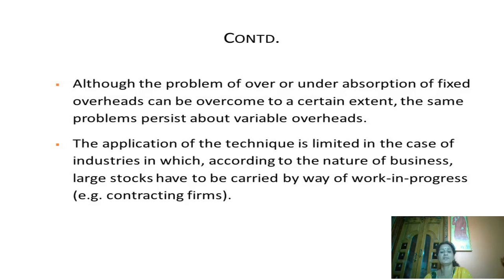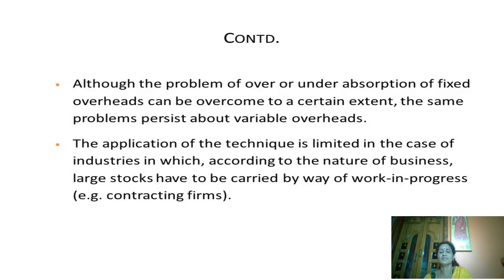The application of the technique is limited in the case of industries in which, according to the nature of business, large stocks have to be carried by way of work in progress. Example, contracting firms.